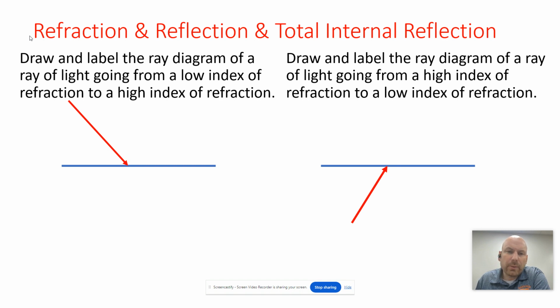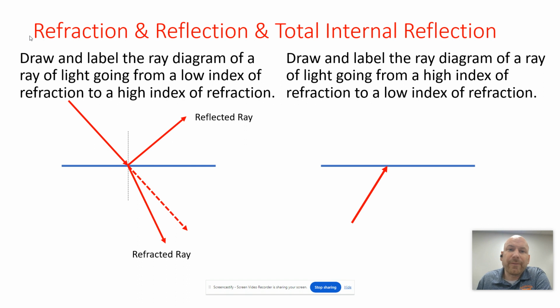So to draw this, we first draw the normal line perpendicular to the surface, and then we pretend like there's no refraction going straight through. So is it going to bend away or towards the normal line? In this case, it's going to bend towards the normal line. That's your refracted ray, and then there's also a simultaneous reflected ray that obeys the law of reflection.